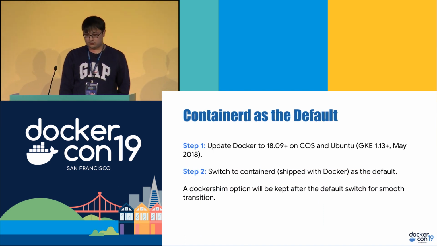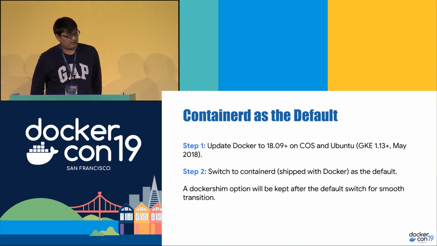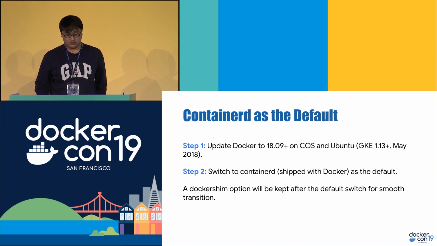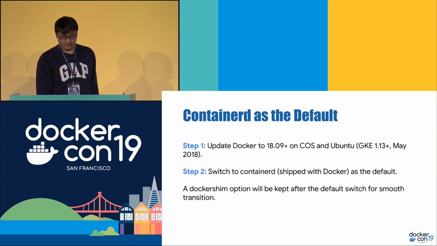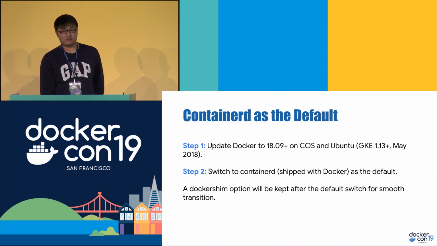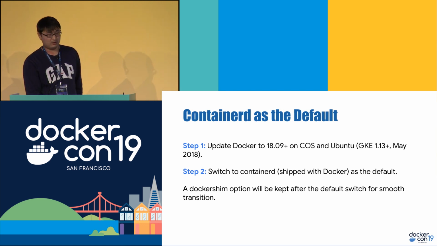And then after COS Container D is GA, the next step for us is to switch Container D as the default runtime. And just as I described just now, our plan is the same. First, upgrade Docker to 18.09, and we have already done that. It will be available since GKE 1.13, which is hopefully coming in May, maybe next week. I forgot the time, but in May.